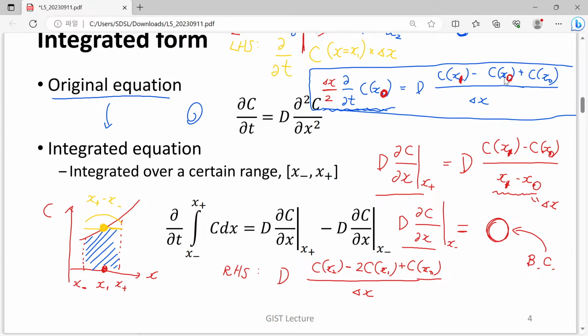They are taken from the upper flux, and we have no lower flux, and that's it. Okay, are you all with me?